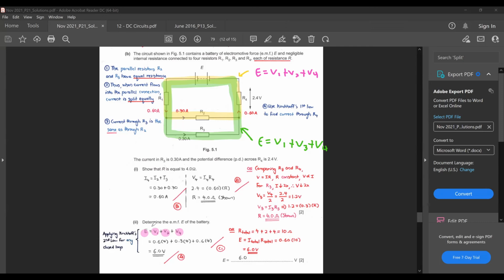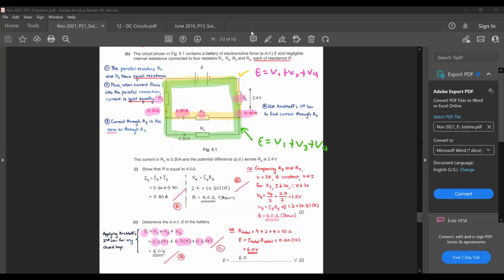So I just use IR for each of the resistances. This one I know is 0.6, and its resistance R1 was R itself, so it's 4 ohms. So it's 0.6 times 4. Then this one is 0.3 times 4. This one is also 0.6 times 4.